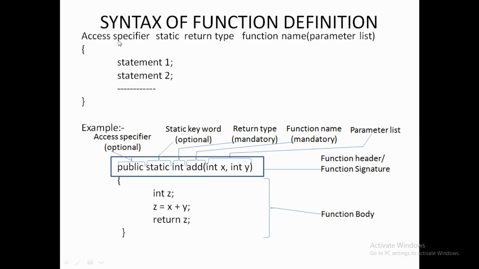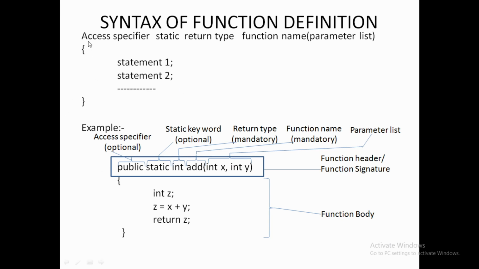Here, the general syntax of function definition is shown. As you can see, a function definition consists of access specifier, static keyword, return type, function name, and parameter list, along with a block of statement. Recall from your first and second chapter that a block of statement is a group of statements enclosed within curly brackets.